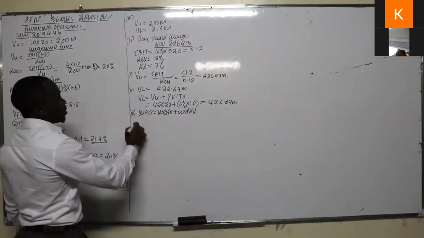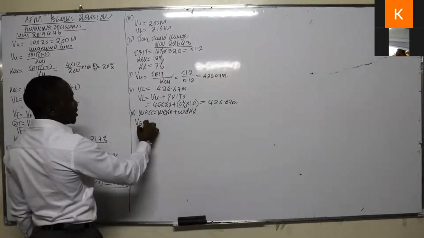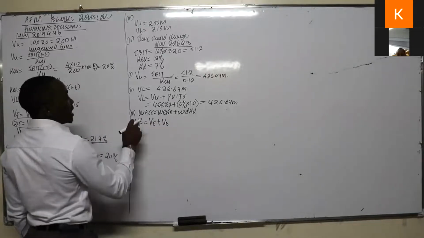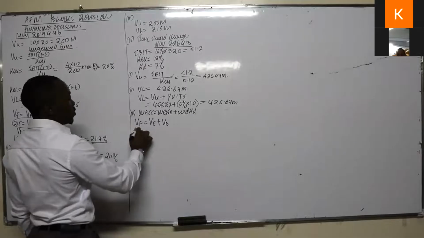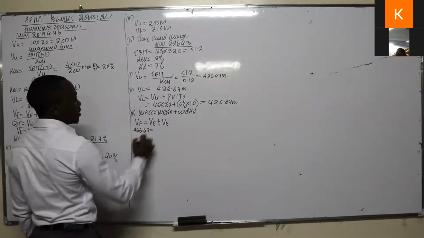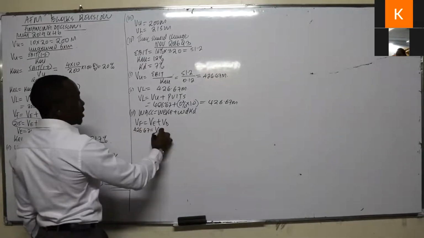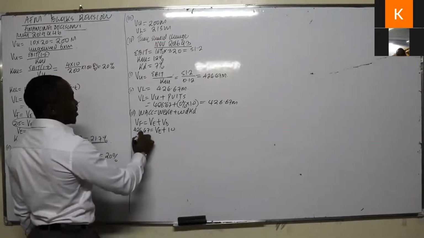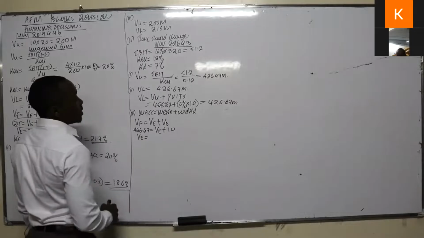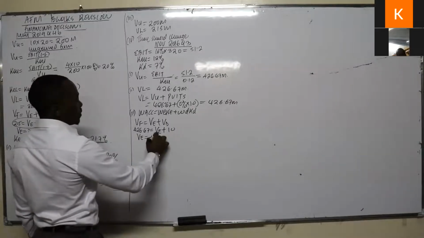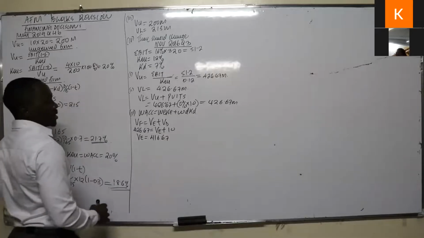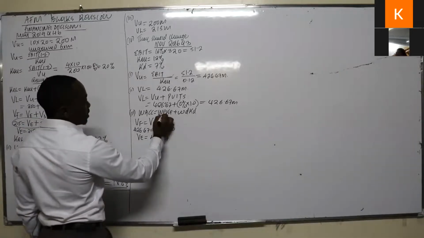The value of the firm is equal to the value of equity plus the value of the debt. The value of the geared firm is 426.67, which should equal the value of the equity plus the debt of 10. Therefore, the value of the equity will be 416.67.